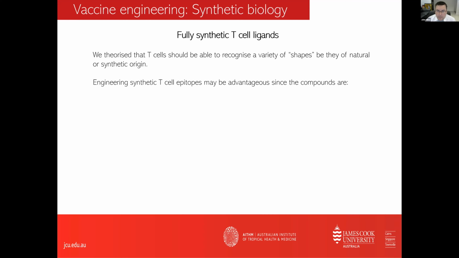Now, this is advantageous for numerous reasons. First of all, they're resistant to proteases, these non-natural compounds, which are present absolutely everywhere on your skin, intestines, blood, yeah, everywhere. They're quite cheap to synthesize.